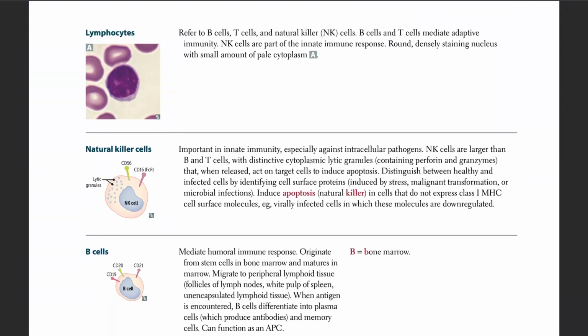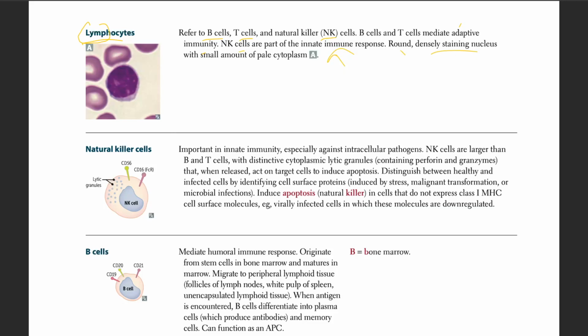Now let's talk about lymphocytes. Lymphocytes refer to the B cells, T cells, and NK cells. They're all lymphocytes. T cells mediate adaptive immunity, NK cells are part of innate immunity.